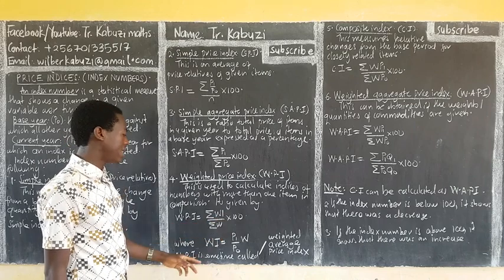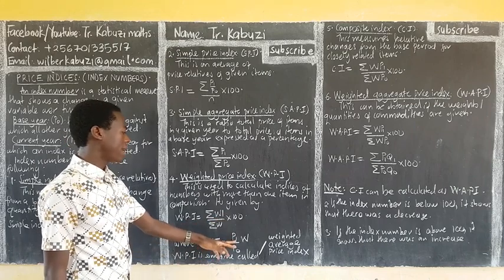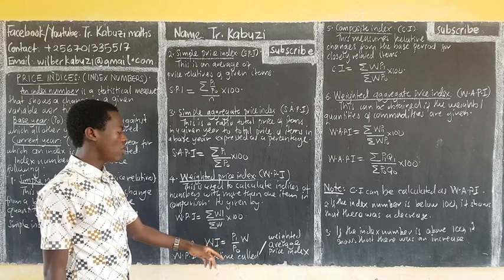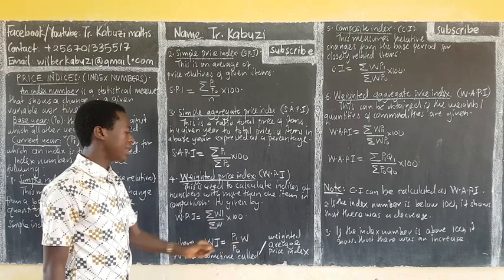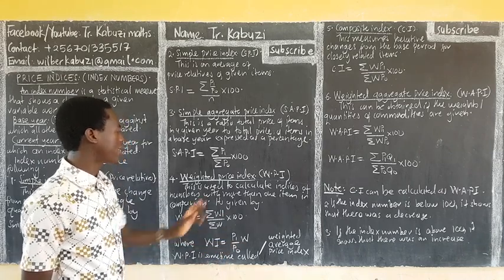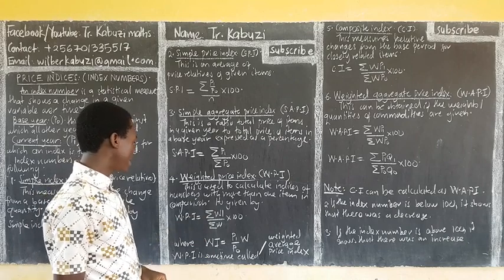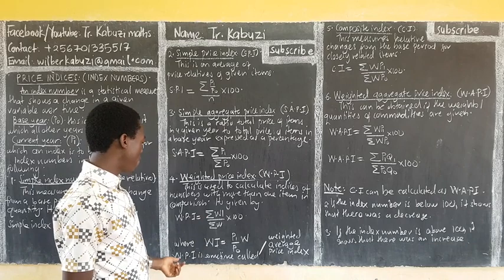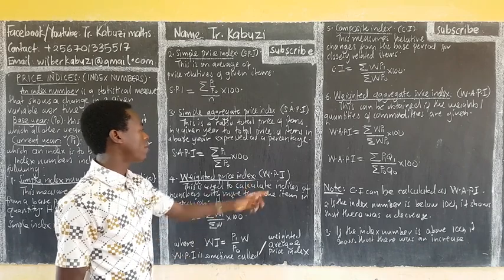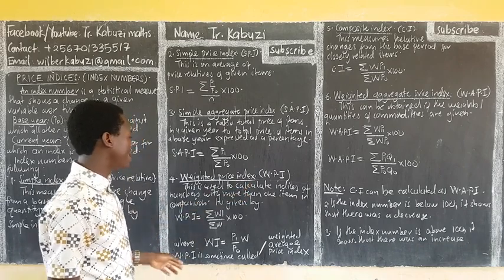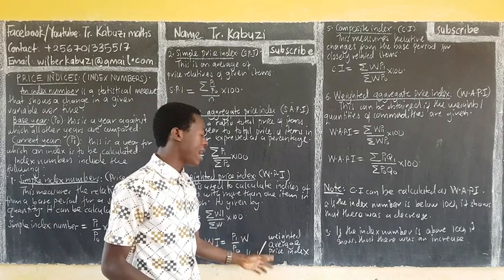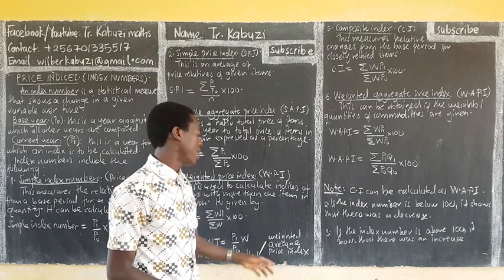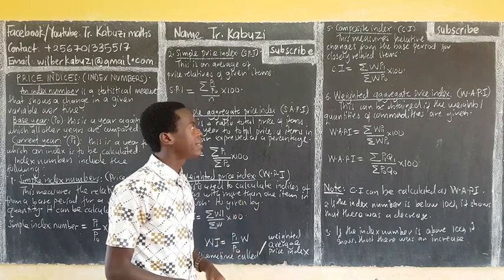You know that the price relative is given by Pi over P naught, so you get this times the weight, then express it as a percentage. Note that the WPI, this weighted price index, is sometimes called the weighted average price index. So when you see this, in simple terms, they mean this.